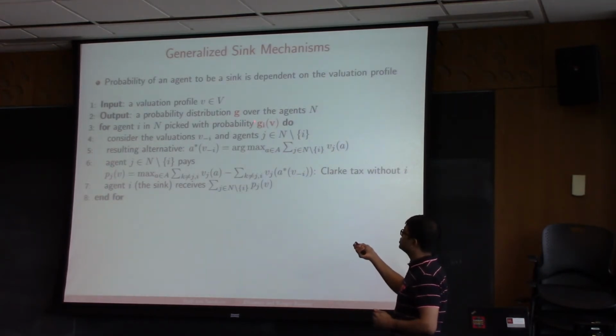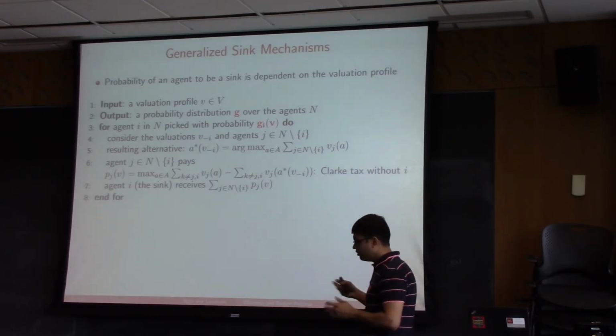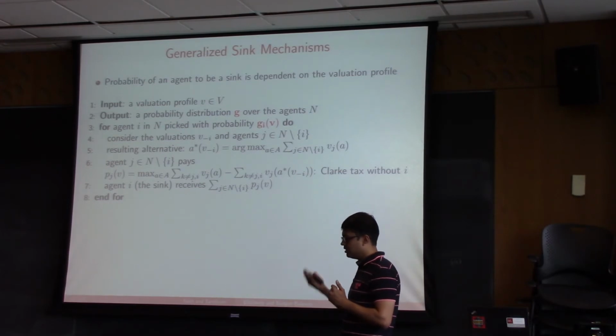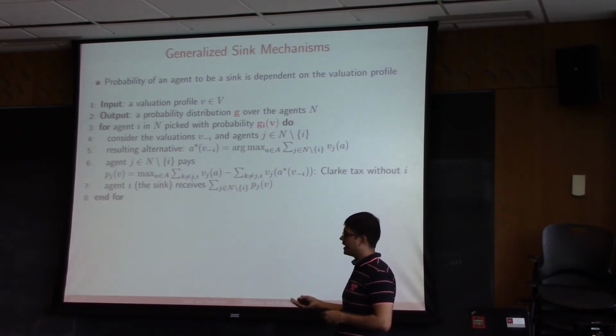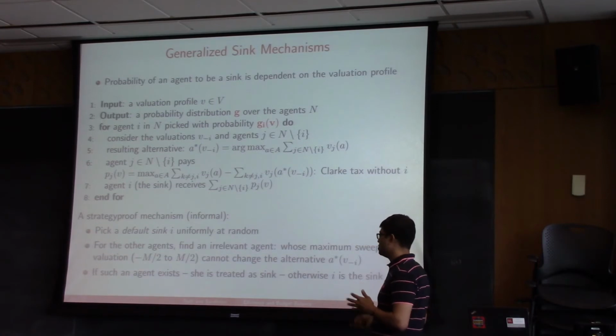Depending on that, I choose a probability distribution over these agents, and agent i is treated as sink with this probability g_i(v). Of course, the uniformly sink-picking mechanism is a special case of this, but there could be more mechanisms, and we have a mechanism which is a non-trivial one and which is also strategy proof.